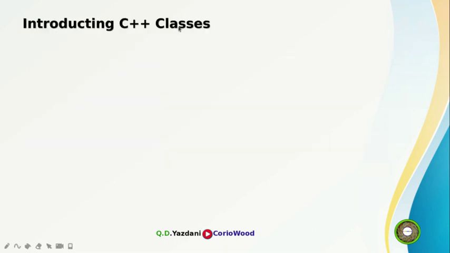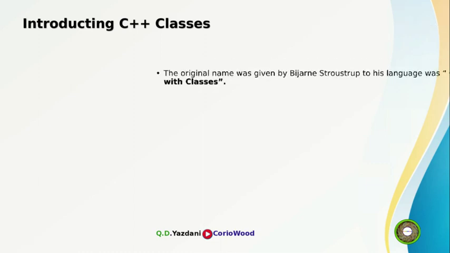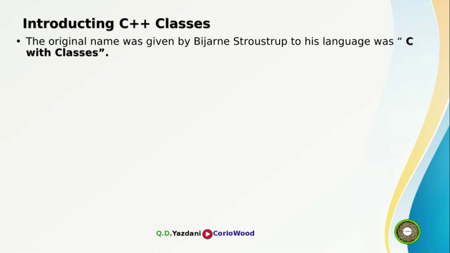In this video, the reason I introduced struct before the C++ classes is that there is a link between the struct, which was in C, and the C++ classes. The original name given by Bjarne Stroustrup to his language was C with classes. When Bjarne Stroustrup, the creator of C++, invented the new language, he improved C with classes.